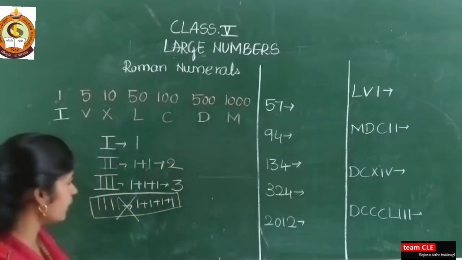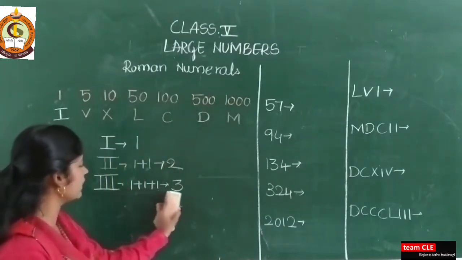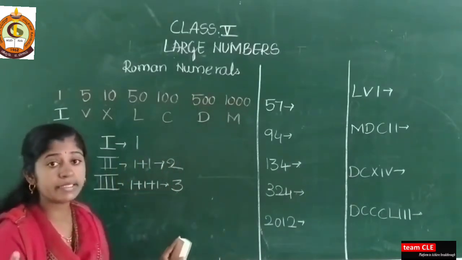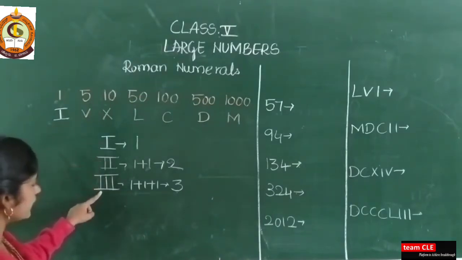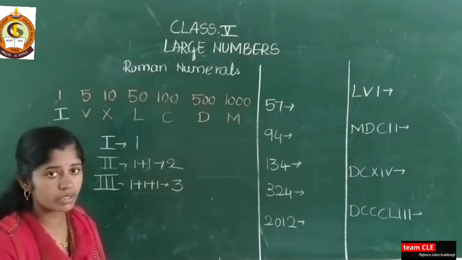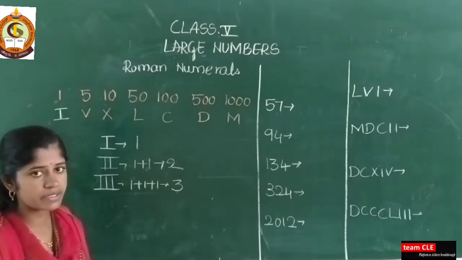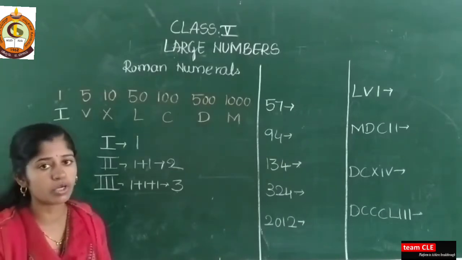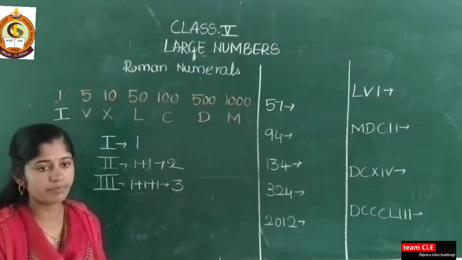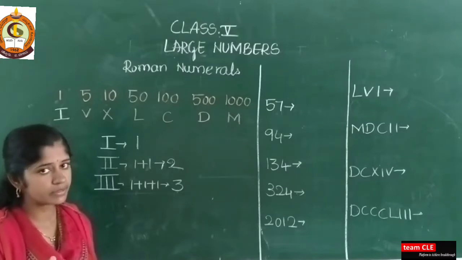Because in Roman numerals any number will repeat only 3 times. See here, I repeated 1 time, 2 times, 3 times, means over. If you repeat once again, it's completely wrong. That is what we call the rule of repetition. Any number will repeat only 3 times.